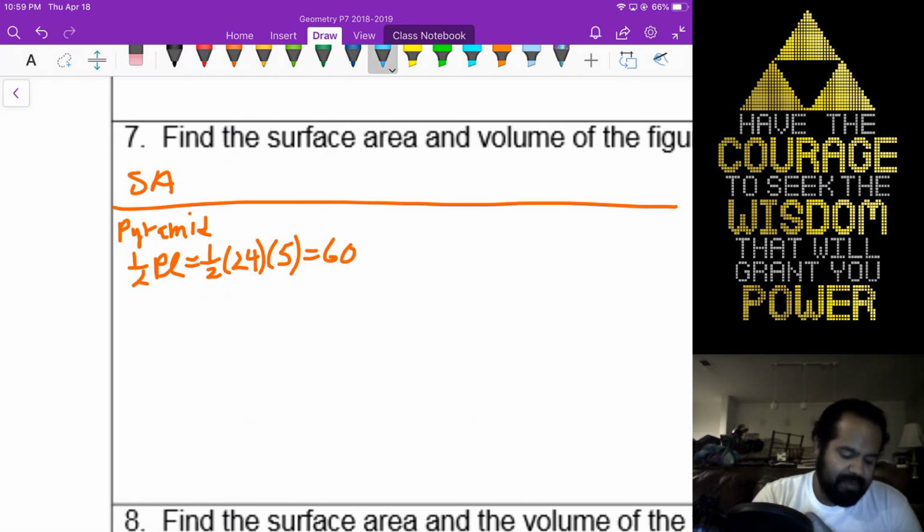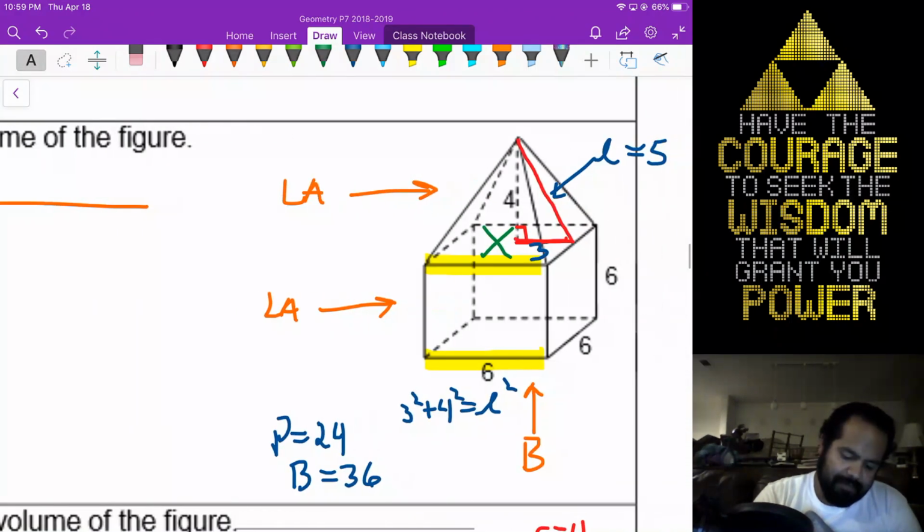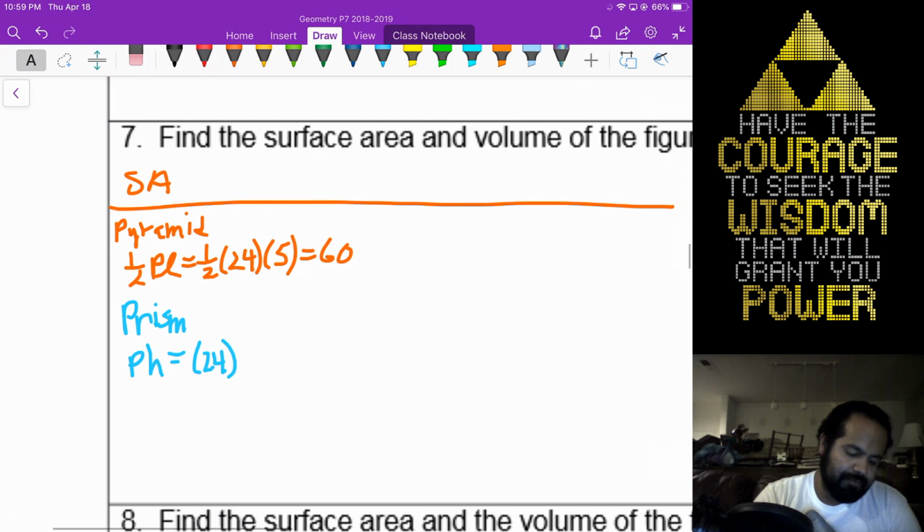So now we're just going to move on to the prism. For the prism, we have our lateral area, which is the perimeter times the height. So that's again 24. What was the height of our prism? 6. So then that's 144. And then of course we have one base at the bottom.